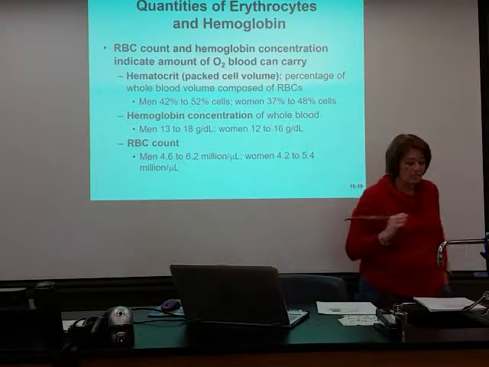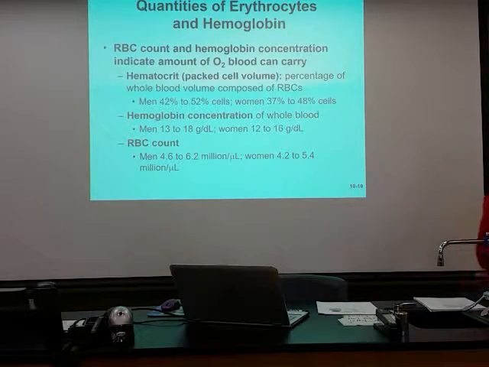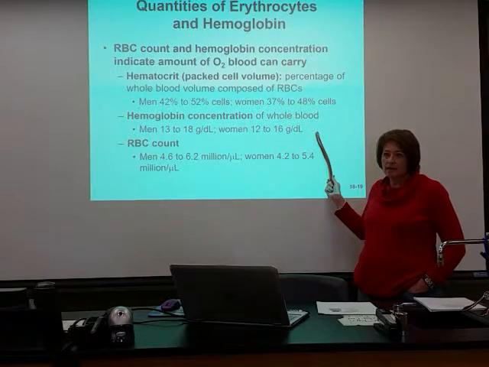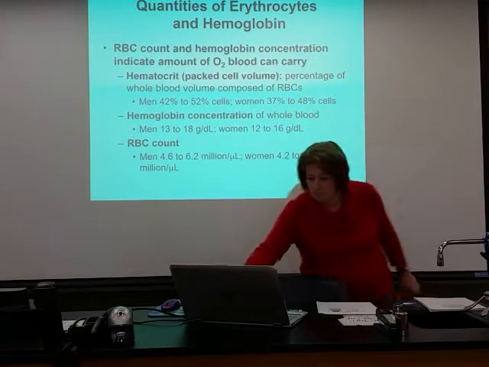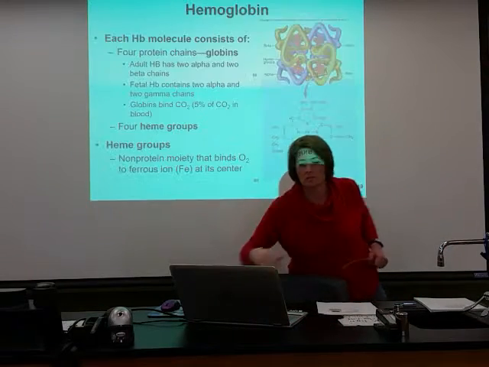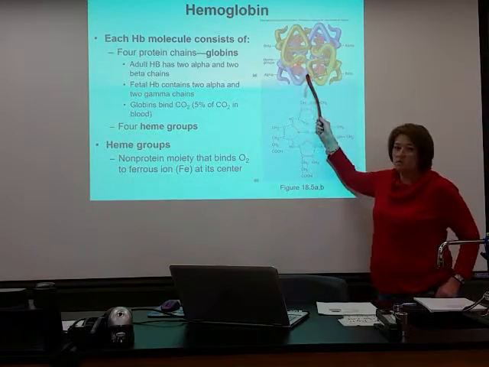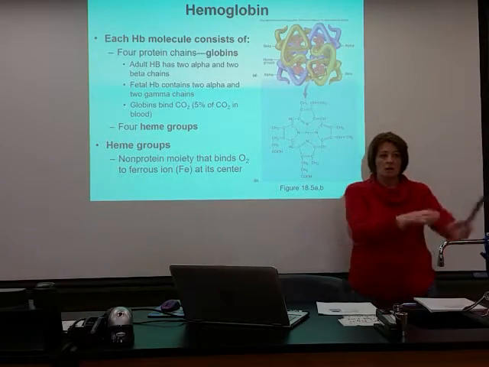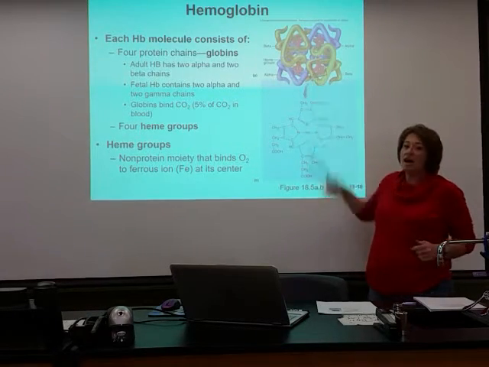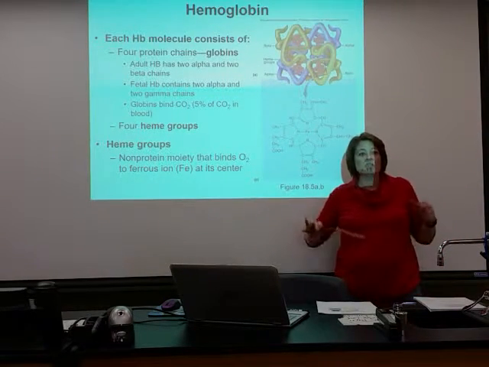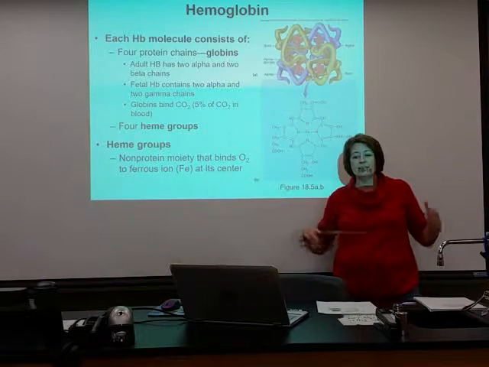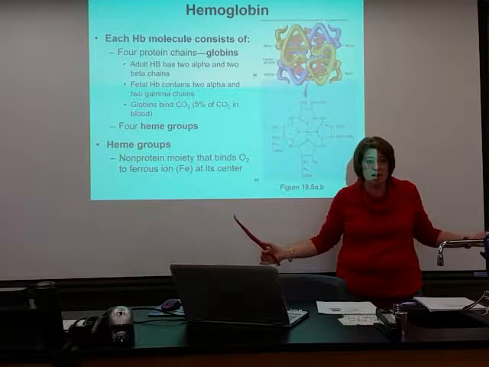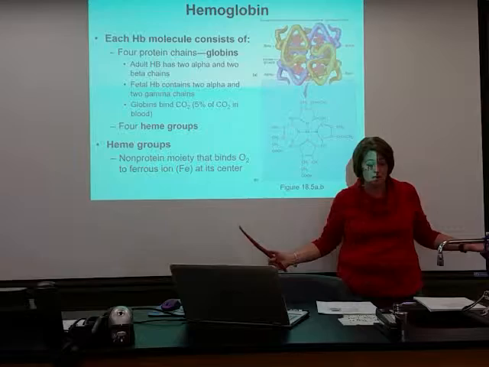Now, when hemoglobin contains oxygen, with this hemoglobin molecule, with the heme groups, with their iron, when these have oxygen attached, this is going to be known as oxyhemoglobin, because it's got oxygen, right?